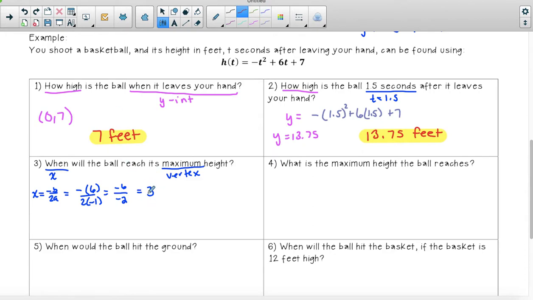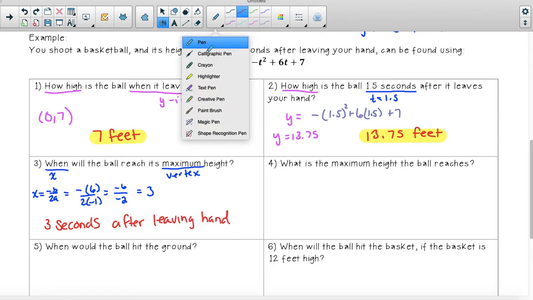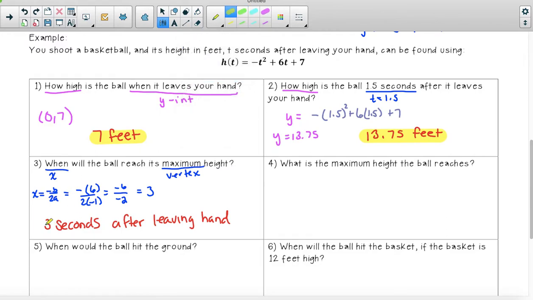Our answer is 3, but in context, it's 3 seconds after leaving our hand. It's not going to be 3 seconds after, and we're still holding it, but after we've shot the ball, 3 seconds after it's left our hand, that's when it's going to be at its maximum height.